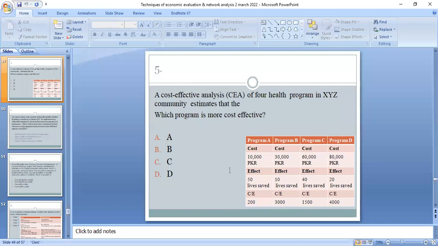Which program is most cost effective, whether A, B, C, or D? A is the right option, as we will choose the program that has the least cost-effectiveness ratio.